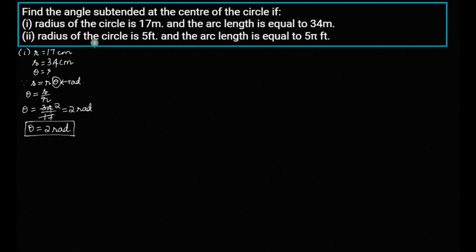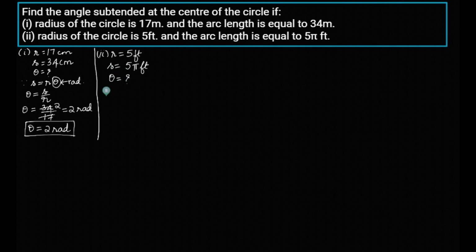The second part of the question gives us the radius of the circle as equal to 5 feet and the arc length equal to 5 pi feet. They have asked us to find the value of theta. We can use the same formula to find out the value of theta. You can pause the video and try it by yourself and come back and check the answer.